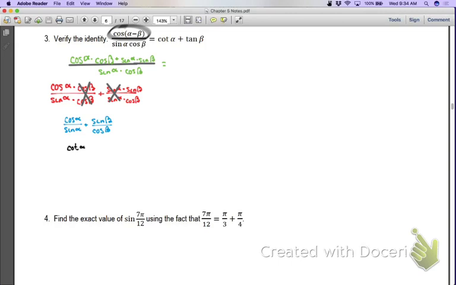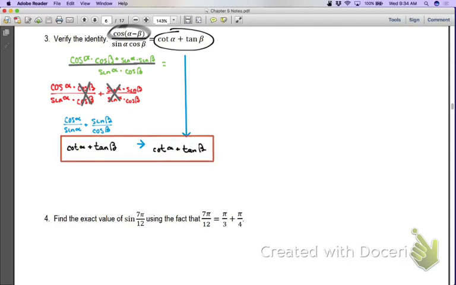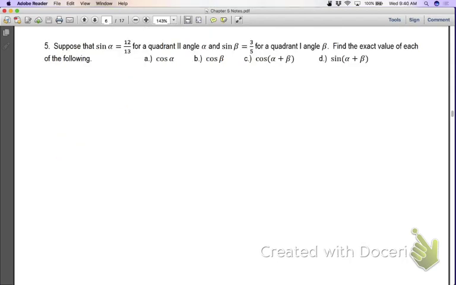What's sine over cosine? Tangent. Have I seen that before? You bet. The very beginning. It would just fall all the way down to where they are equal: cotangent of alpha plus tangent of beta. Verified.